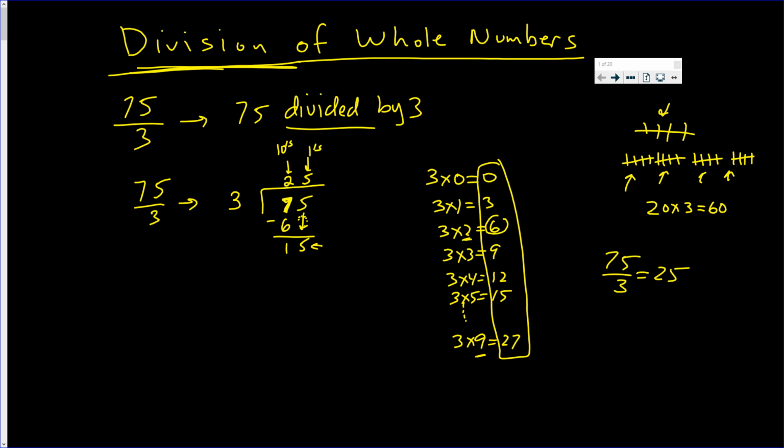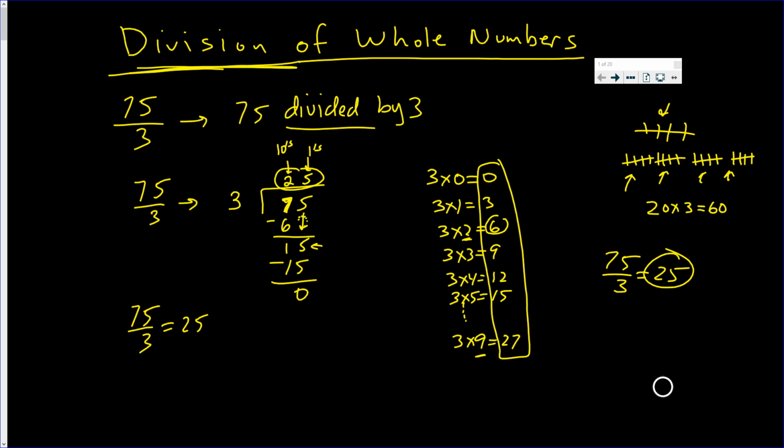It's not a 50. It's not in the hundreds position, which would make that 500. It's in the ones position. 5 times 3 is 15. So we got the same answer as we did before. 75 divided by 3 is 25.